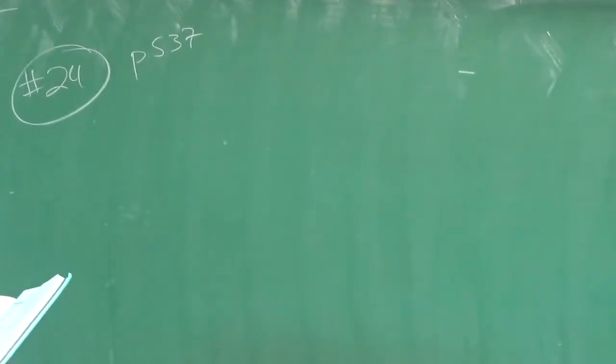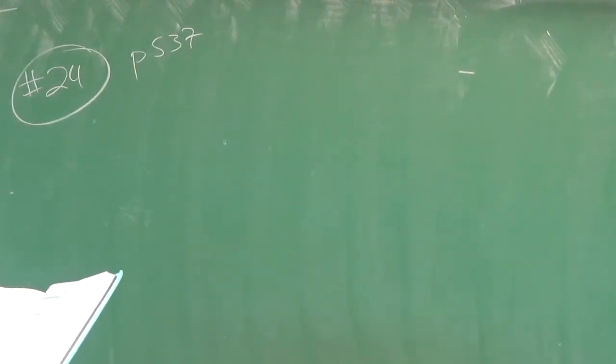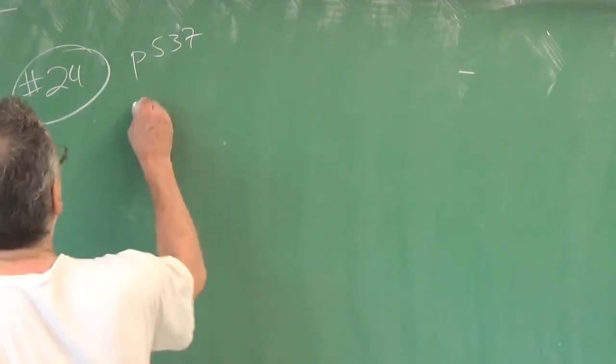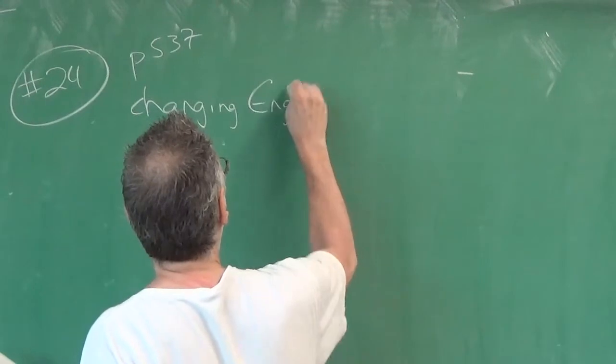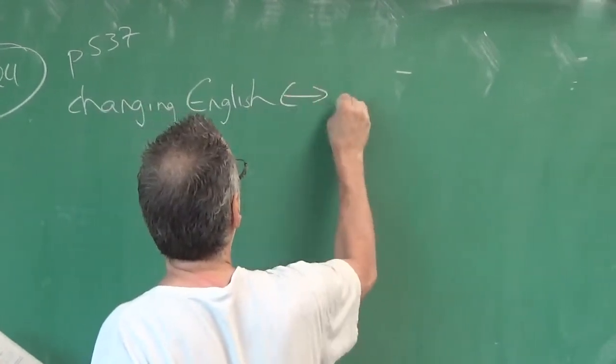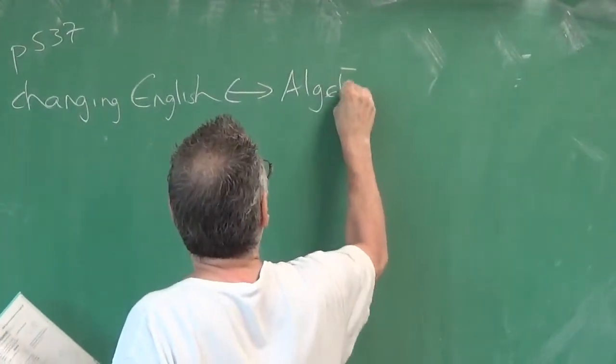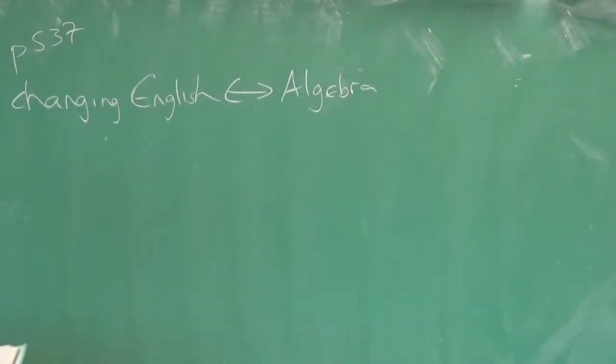All right, so it says the following is known about three numbers. 3 times the first number plus the second number plus twice the third. Okay, so changing English to algebra. This is the main skill set involved in these questions.